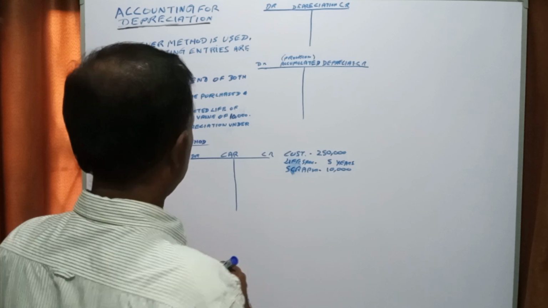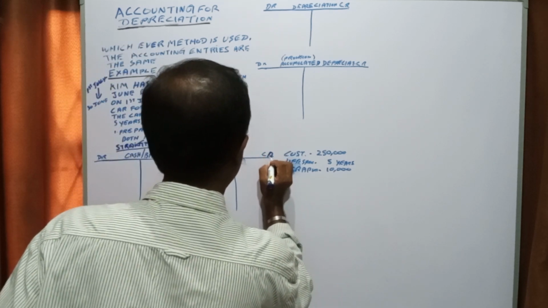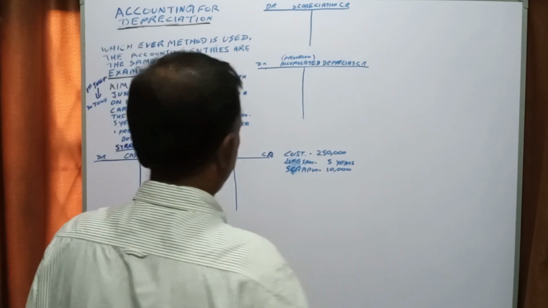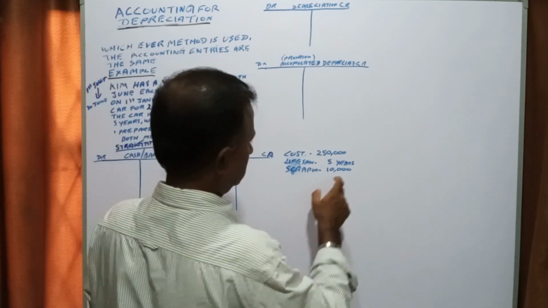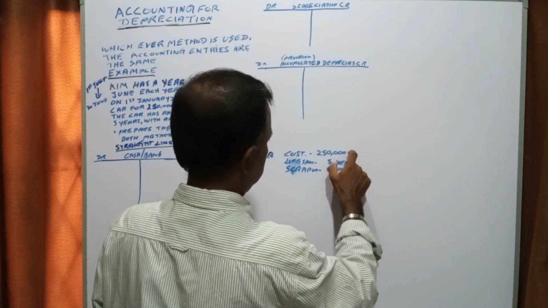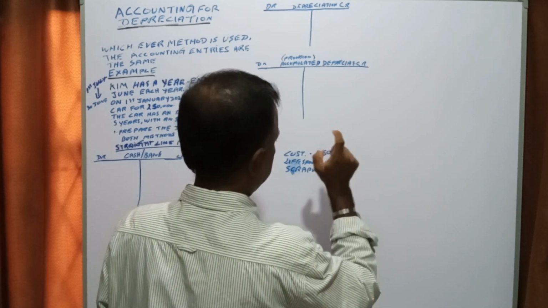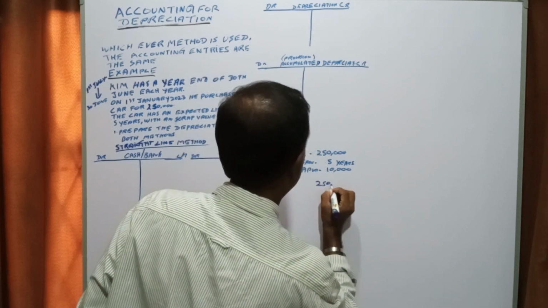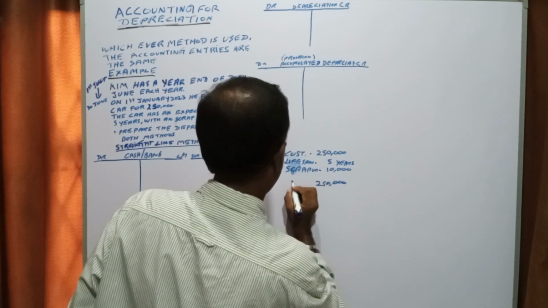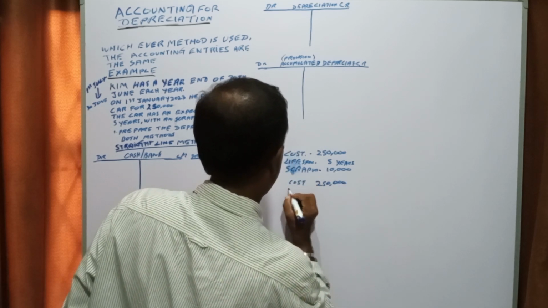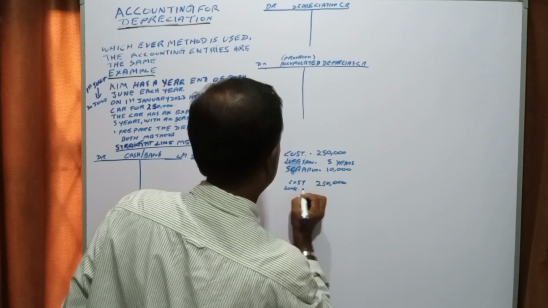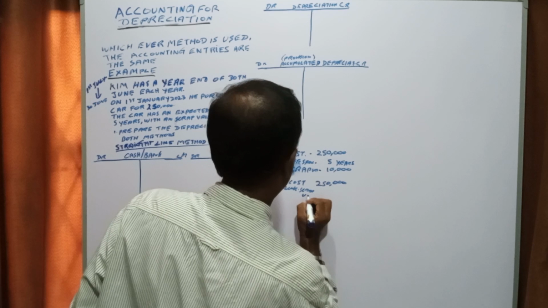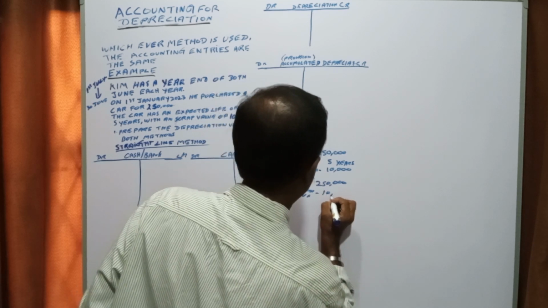So when you are doing this account under the straight line method, the depreciation charge is calculated as follows. Cost is 250,000, less scrap value 10,000.